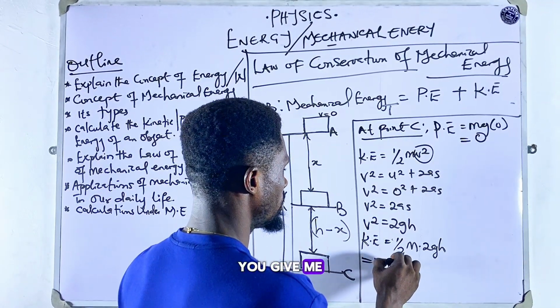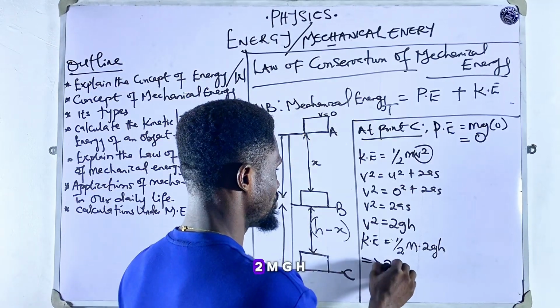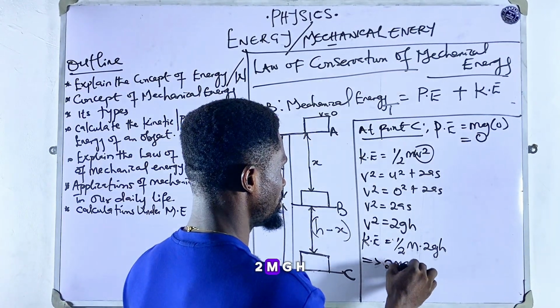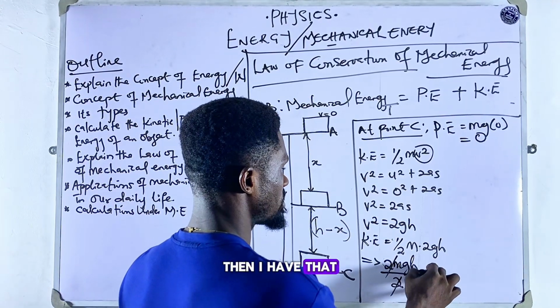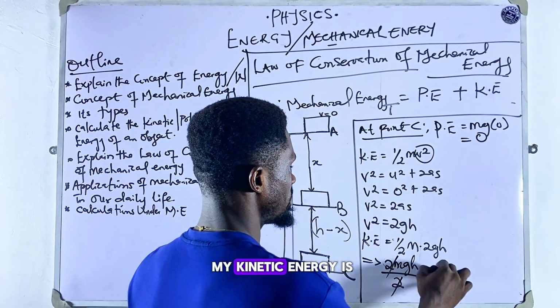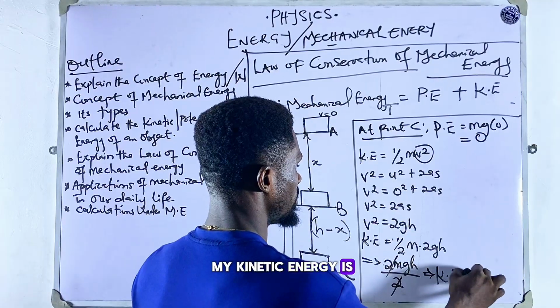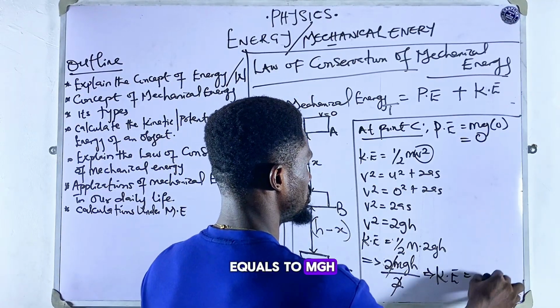You give me 2mgh, then divided by 2. Then I have that my kinetic energy is equal to mgh.